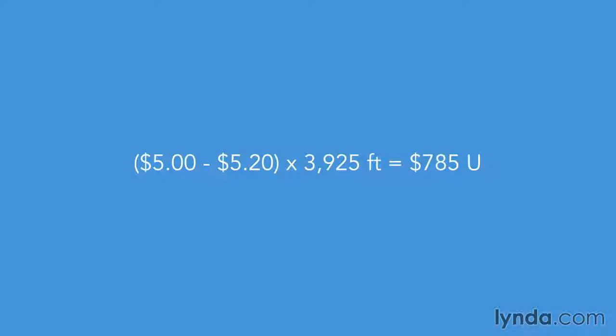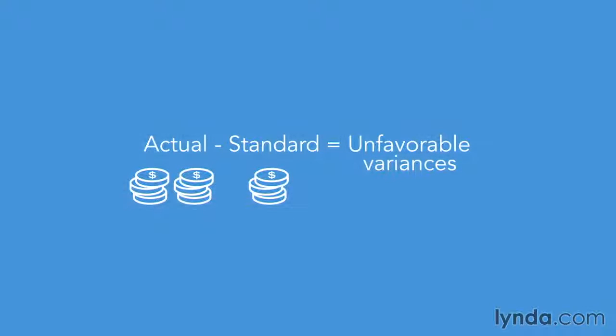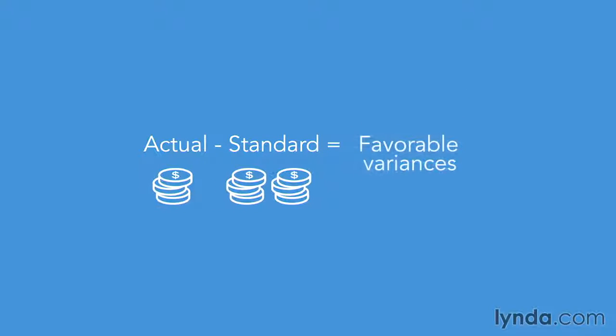Doing the same computation for fiberglass results in a $785 unfavorable price variance, meaning that the fiberglass cost more than we had expected. Essentially, if the actual price is more than the expected price, then we have an unfavorable variance. And if the actual price is less than the expected price, then the variance is favorable.